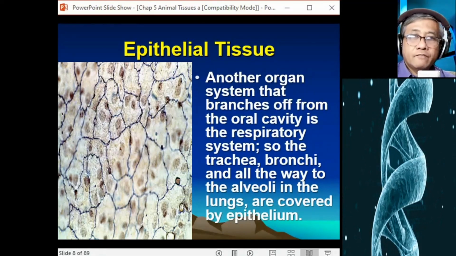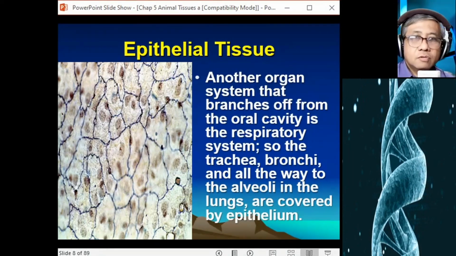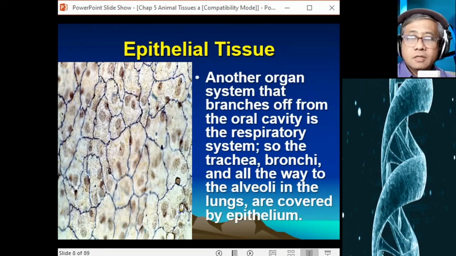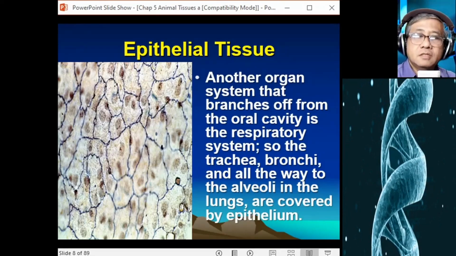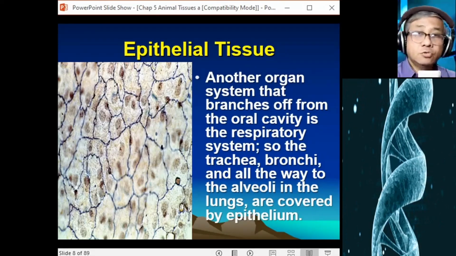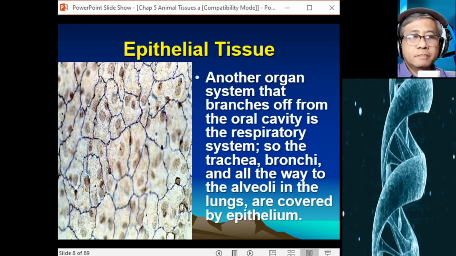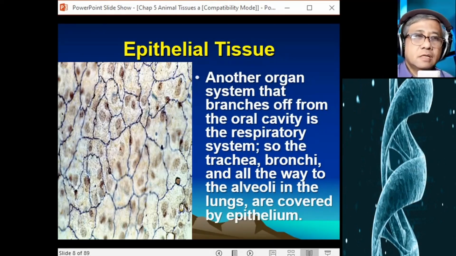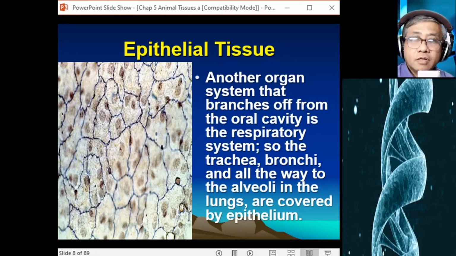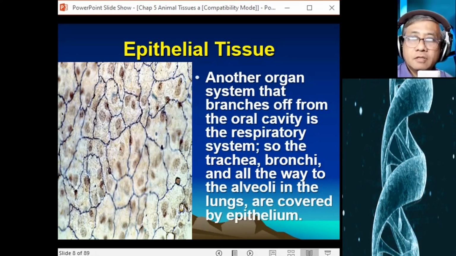After bronchi, you have the bronchioles, and the alveoli in the lungs. They are covered by this kind of tissue, epithelial tissue. So at least you know now the extent of the body systems in which the epithelial system is involved in protecting our different organs.